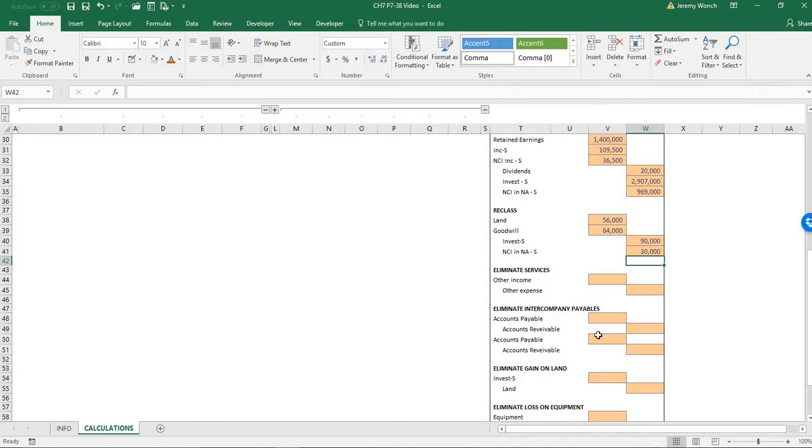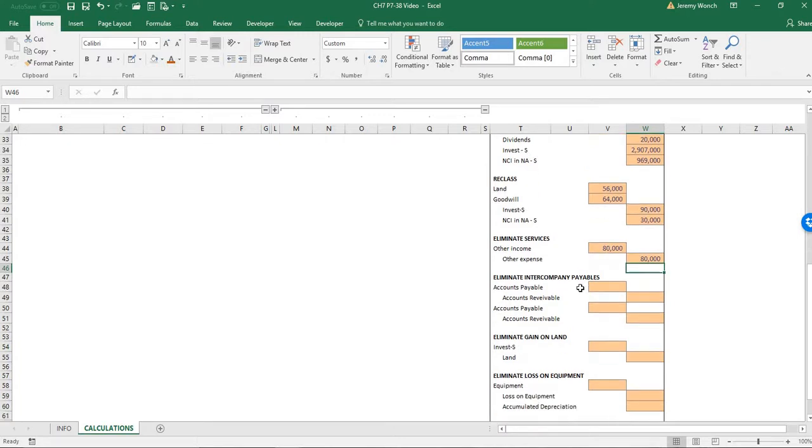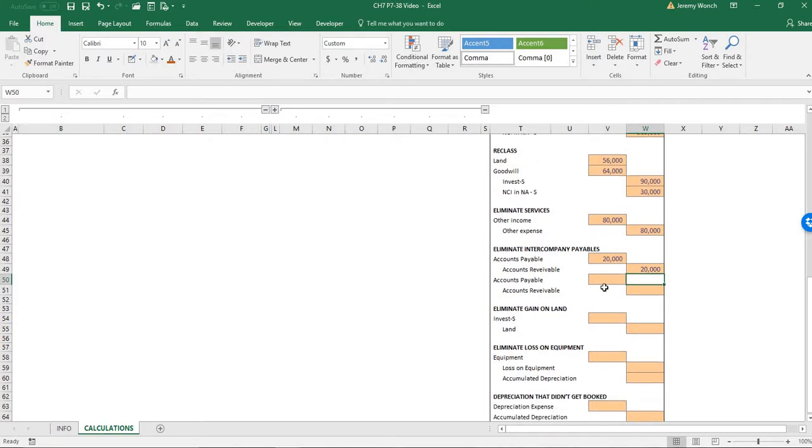So next thing we want to do is eliminate the services, and so that was the consulting that they did back and forth. And so the problem told us that it was $80,000 a year. We also want to get rid of intercompany payables and receivables, and so it told us that there was $20,000 outstanding between the two, so we have to get rid of that.